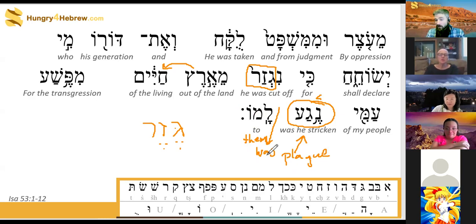I suppose we could go back to the Septuagint, and if it says to him, then that would provide a lot of evidence that we're looking at a secondary form of a 3ms suffix as opposed to a 3mp. But usually when we see an amu, it's 3mp.